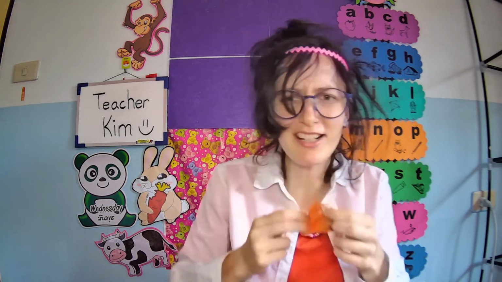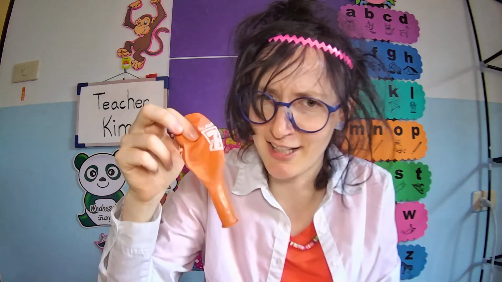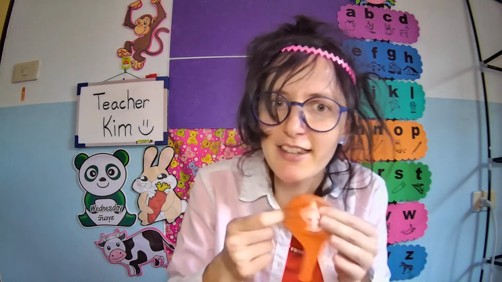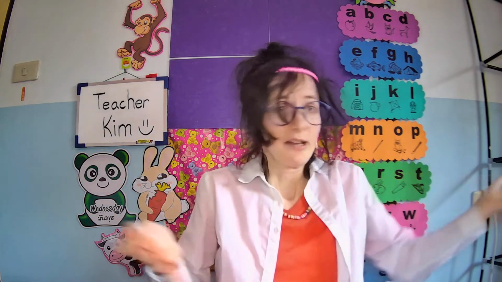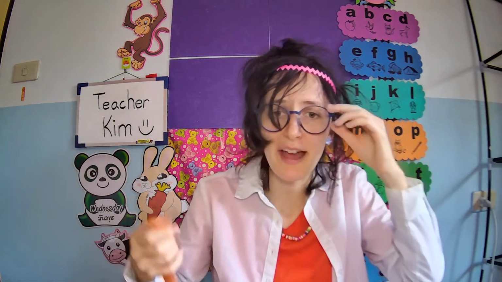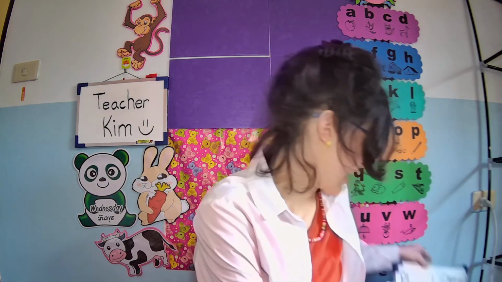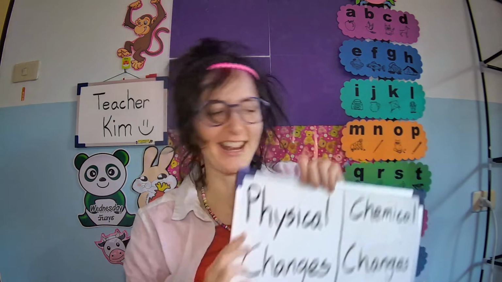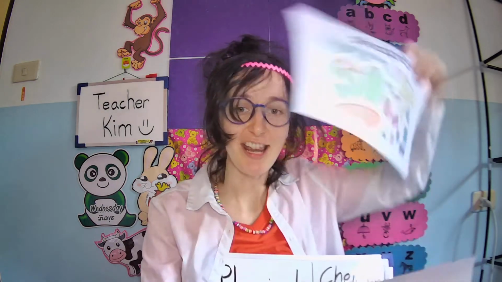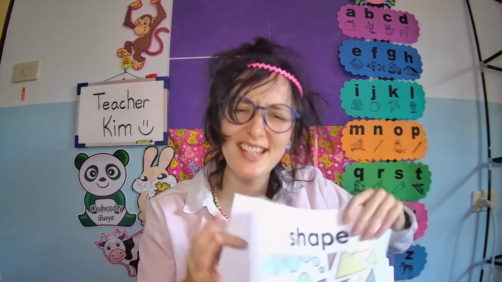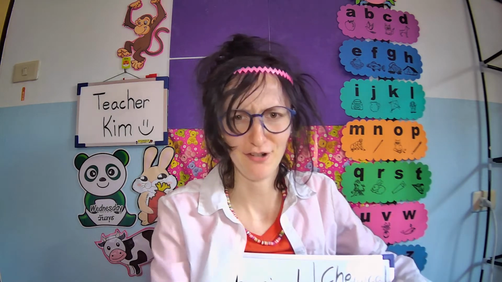It's all wrinkly. But is it still a balloon? Yes. What about the gas inside, the carbon dioxide? Now it is around me in all the air, but it is still the same. So in a physical change, the shape and the size can change, but it is still the same material.